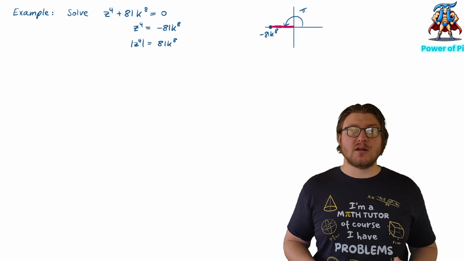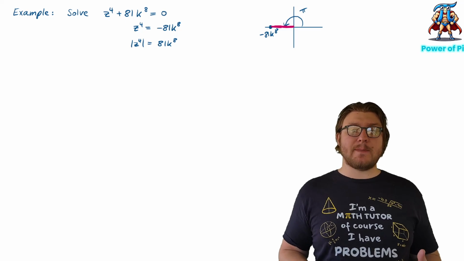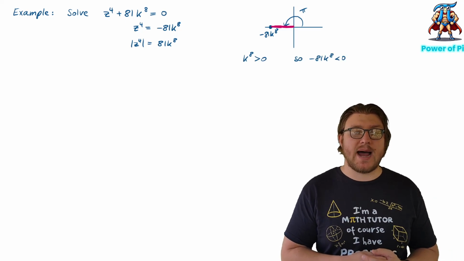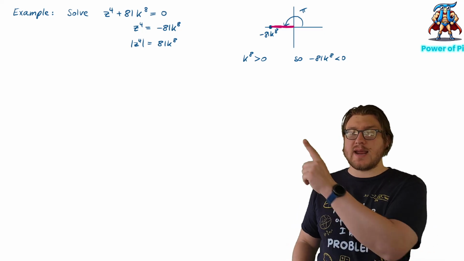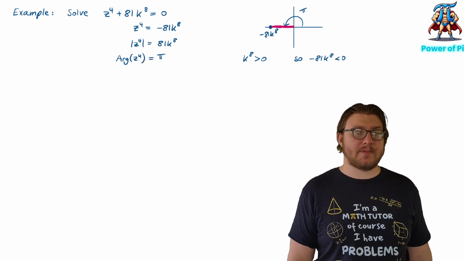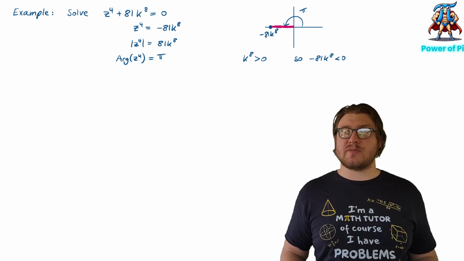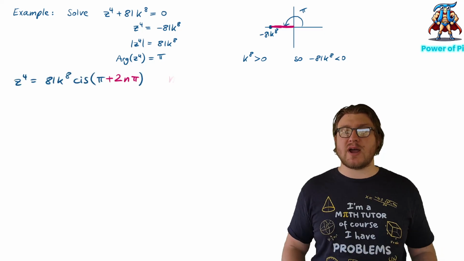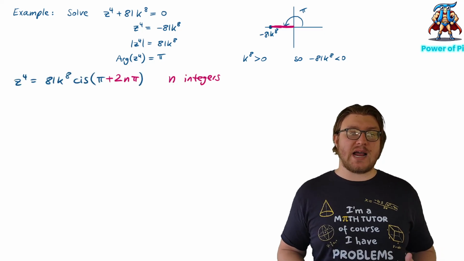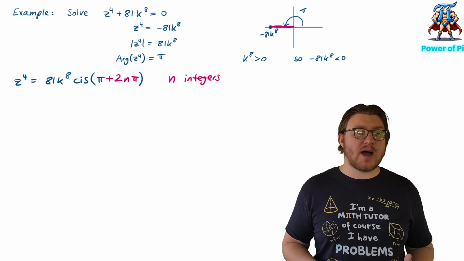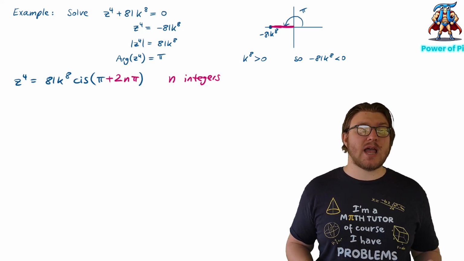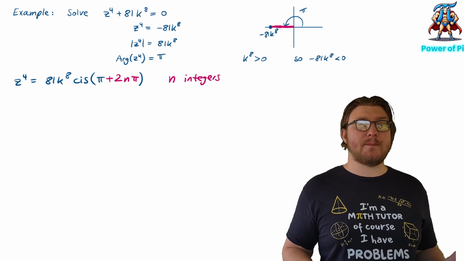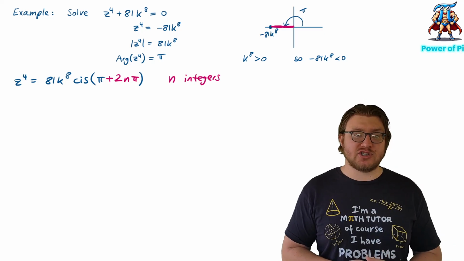For the angle, well, we have a negative real number, so the angle is going to be pi. And here again is our explanation for this step. So the principal argument here is pi. But what we need is to write this with the general argument. So we're going to get 81k to the 8 cis pi plus 2n pi, where n is an integer.